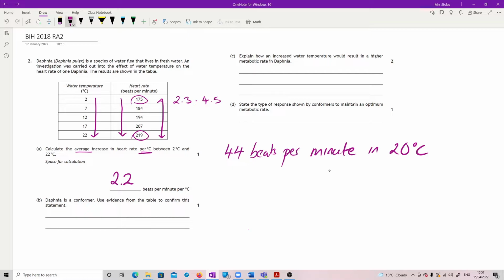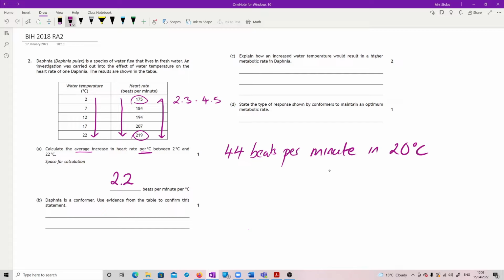So it's almost a non-statement that you're trying to say here. Because they have not regulated, they must be a conformer. Because they have not managed to maintain the same heart rate regardless of external temperature, they are conforming to the external temperature.